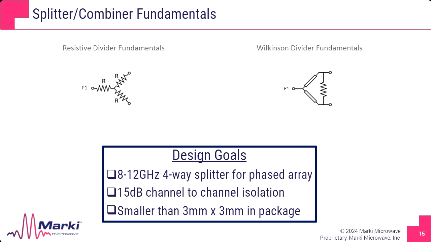For example, at 12 gigahertz, the spacing between antenna elements is roughly 12 millimeters, meaning the splitter combiners need to be a fraction of that space, leaving room for beamforming ICs and other essential components. As a result, we are going to need to design an extremely miniaturized, high-performance power divider, power combiner, which can be packaged into a 3x3 millimeter or smaller surface mount package.